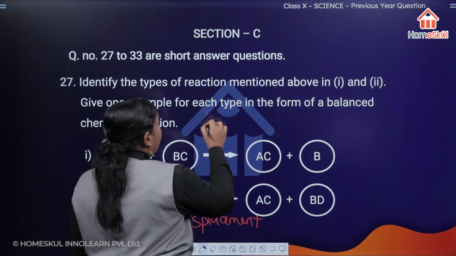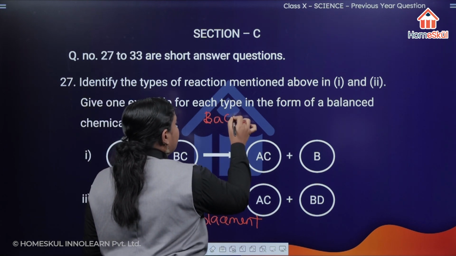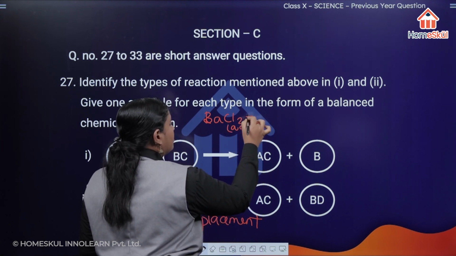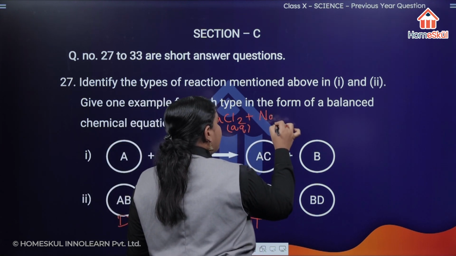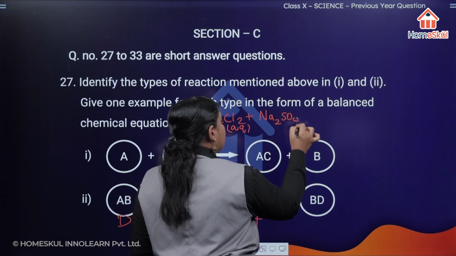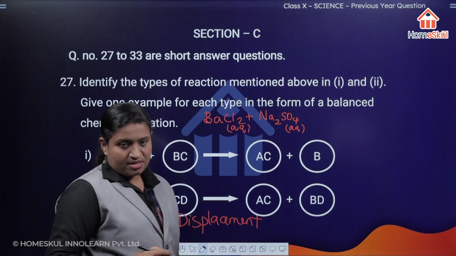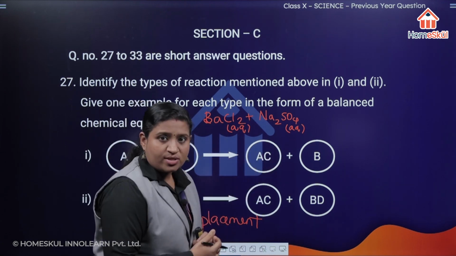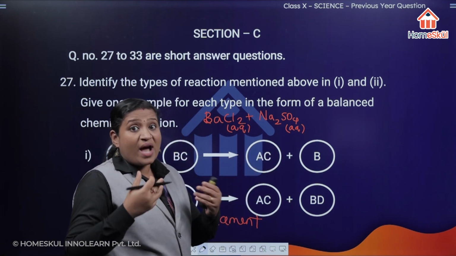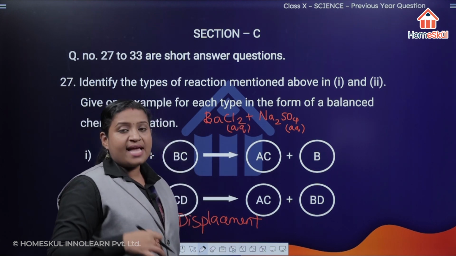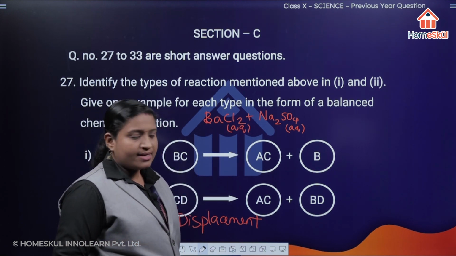When barium chloride, aqueous, and sodium sulfate, aqueous, two solutions are mixed, what happened? They interchange their ions. As a result, a white precipitate of barium sulfate is formed and sodium chloride will be separated, isn't it?